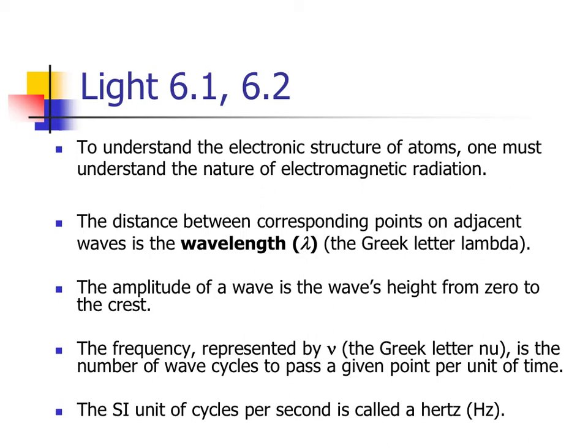The frequency, which looks like a V, is the Greek letter nu. It is the number of wave cycles that pass a given point per unit of time. The unit of cycles per second is known as the hertz.